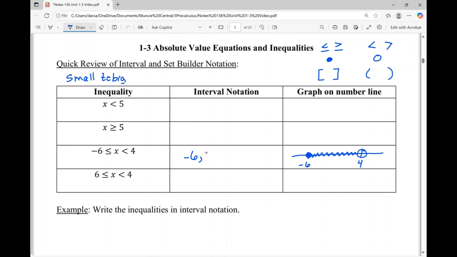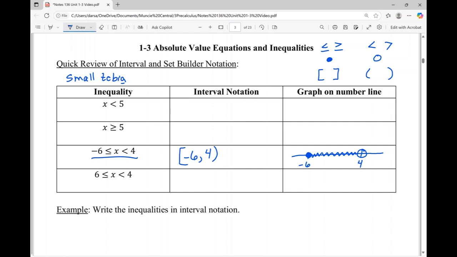Well, the biggest number is a 4, and we'll write that. So smallest, comma, biggest answers. Then, because 4 is not included, we will use a parenthesis. Because -6 is included, we will use a square bracket. So this translates to this. It's just a faster way of writing things.